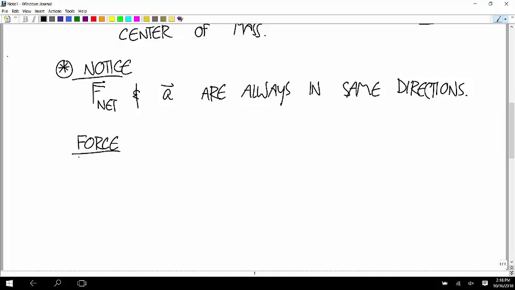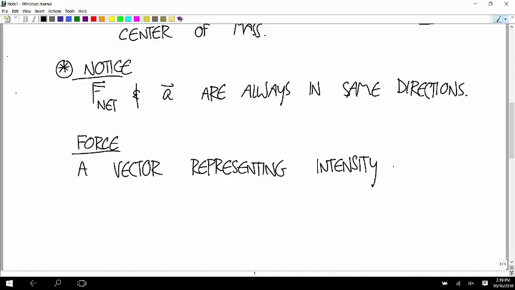So I'm going to call a force a vector representing the intensity and direction of a push or a pull on an object.